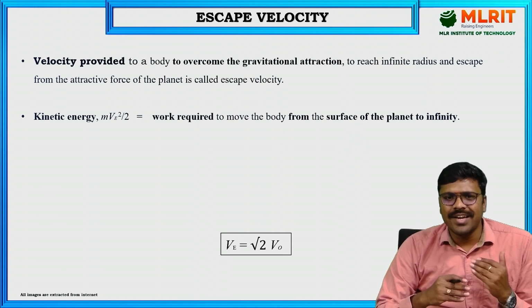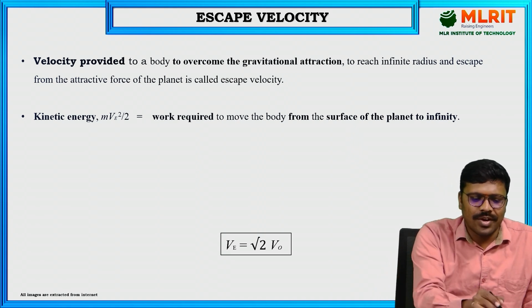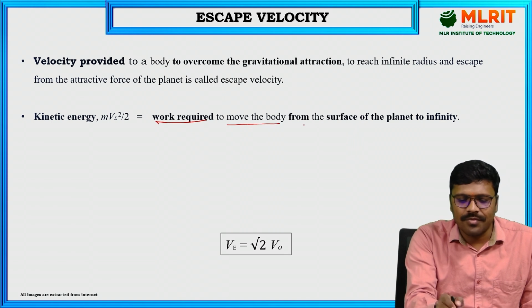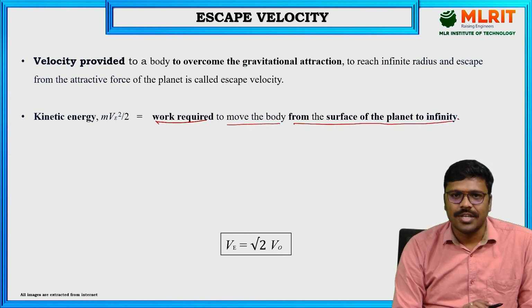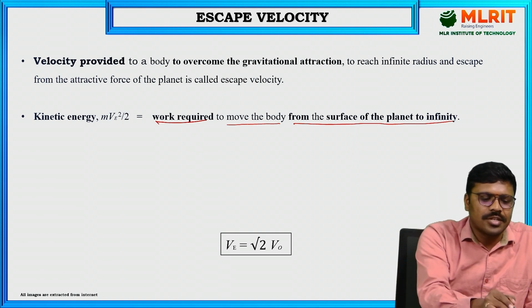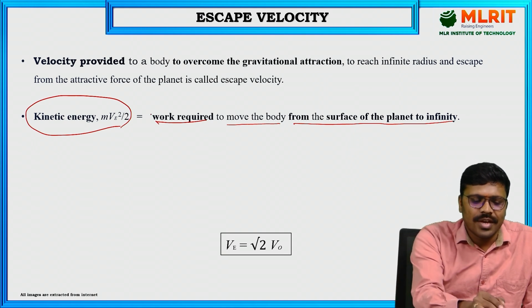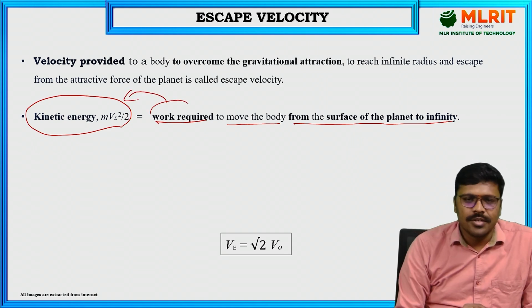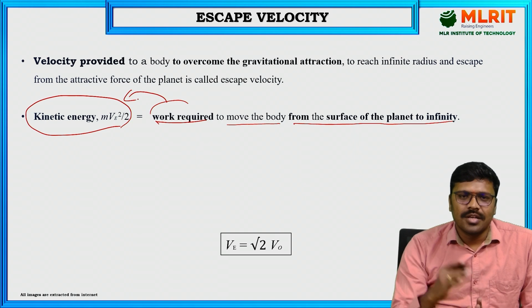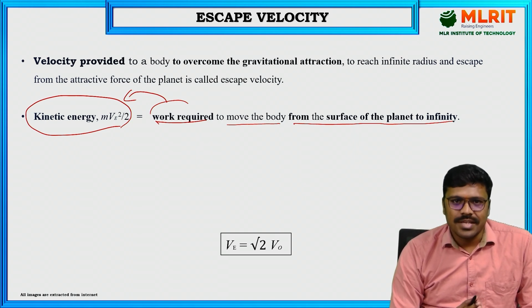So, we should calculate the work required to move the body from the surface of the planet to infinity. Whatever the work required, that much kinetic energy should be provided to the body so that it will move to the infinite radius. So, let us calculate this escape velocity.